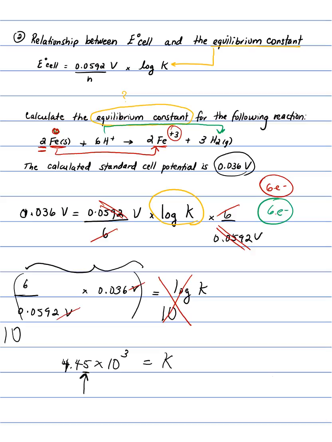So if that's a spontaneous reaction, you should expect to get a large numerical value for your equilibrium constant because your reaction wants to go to your product side. So you can expect that if you have a positive cell potential, which represents a spontaneous reaction, you can expect to get a large numerical value for the equilibrium constant.